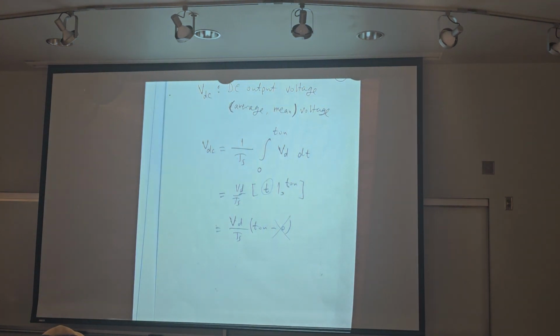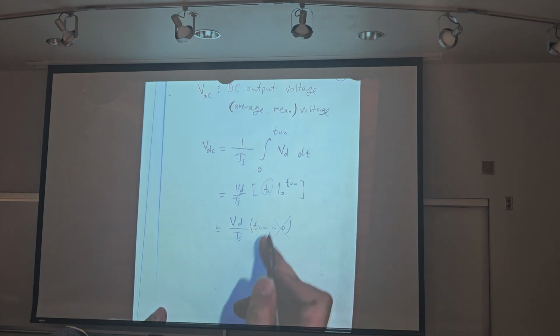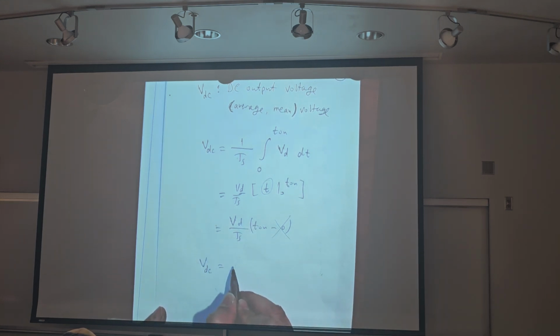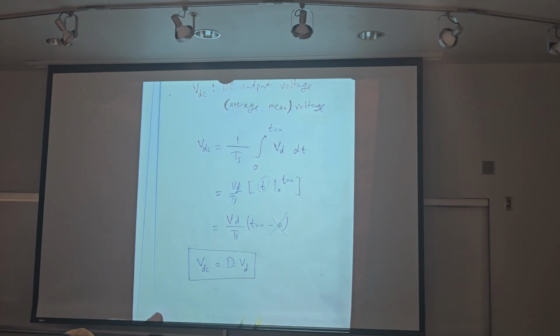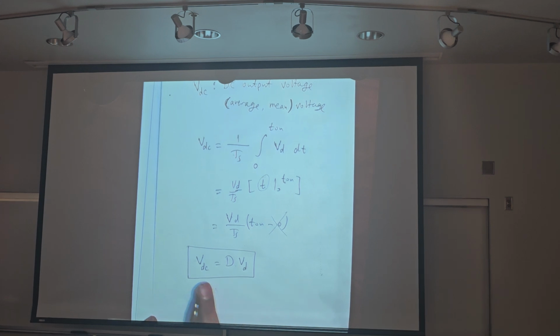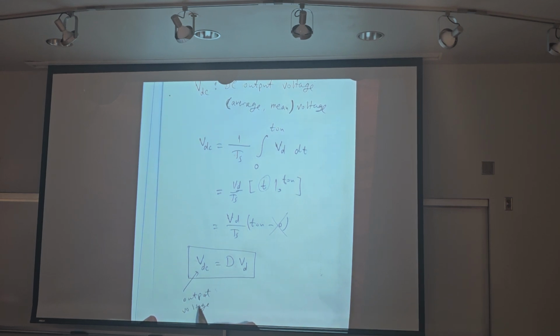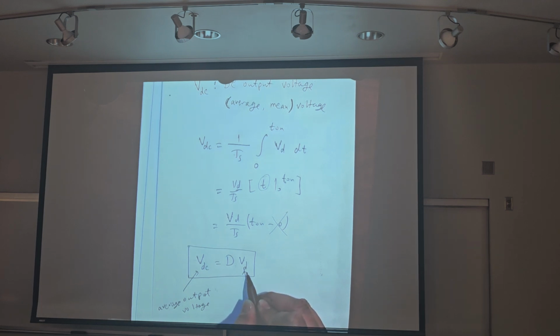So VDC equals duty cycle times VD, where VDC is the output voltage and VD is the input voltage.